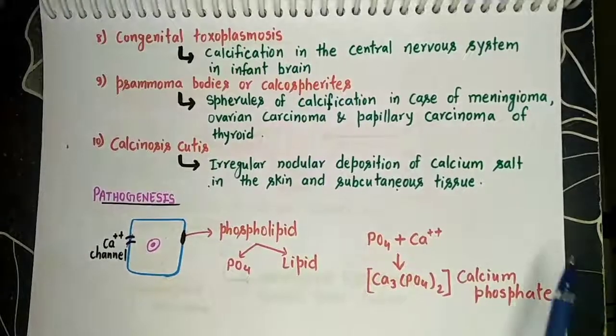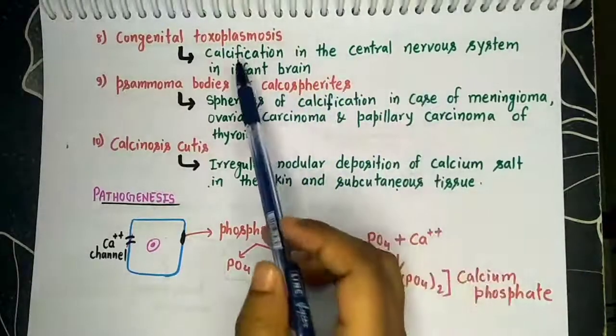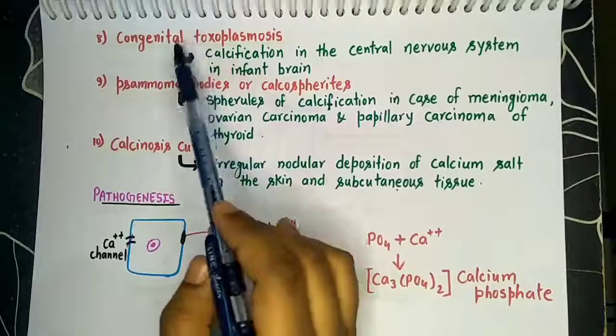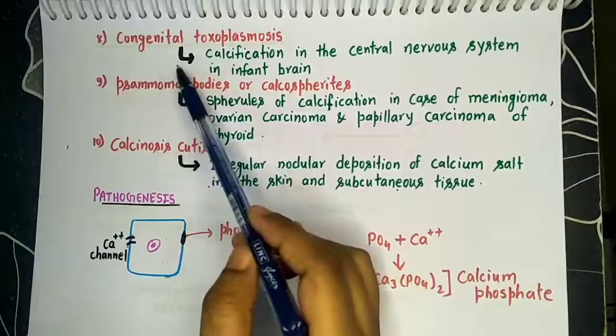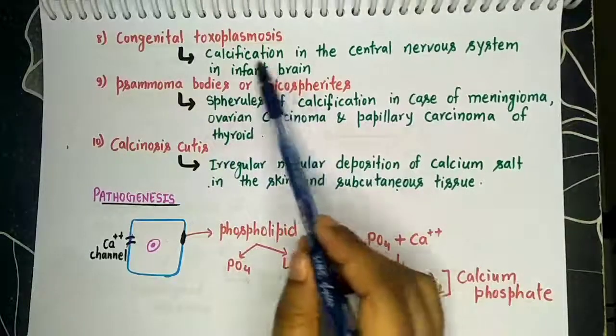The next example of dystrophic calcification we can see is congenital toxoplasmosis. The name congenital is given because it can be transmitted from mother to child during pregnancy, and it is usually seen in case of infant.